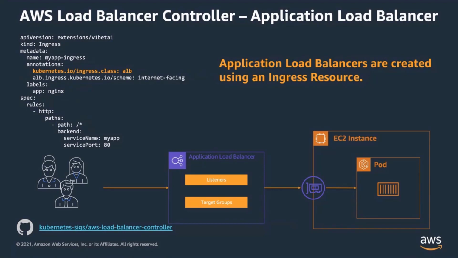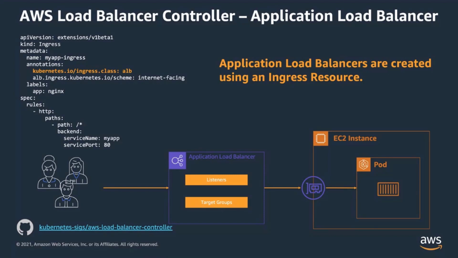Another way to expose applications outside the cluster is through Kubernetes ingress objects. Ingress is designed for web applications, so this is HTTP, HTTPS, and it allows for host and path-based routing. Application load balancers can be used to perform that routing. The AWS load balancer controller configures the ALB's listener, rules, and targets to enable this.